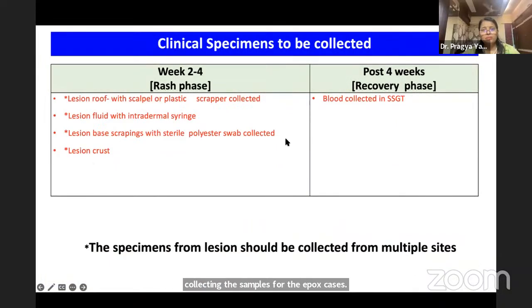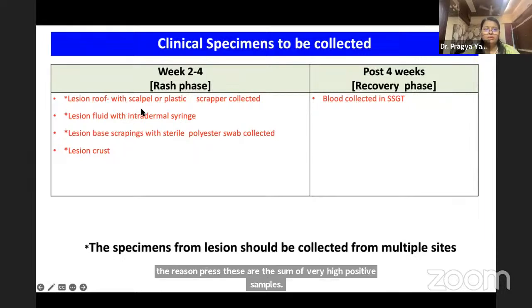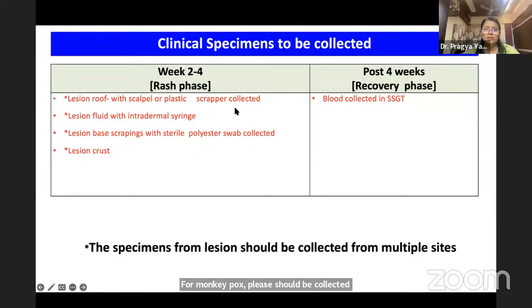So the question comes: when to collect the specimen, and what is the right time for testing? The lesion roof, lesion fluid, lesion base, and lesion crust are some of the very high positive samples for monkeypox. The lesion roof should be collected with a scalpel or plastic scraper. Lesion fluid with an intradermal syringe.